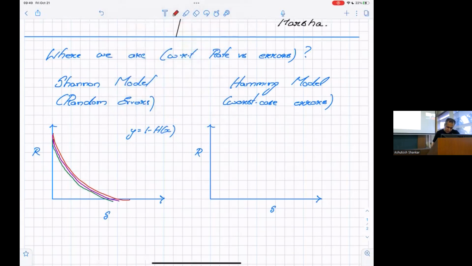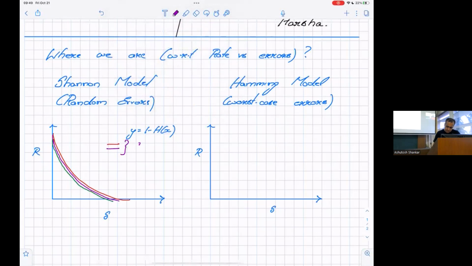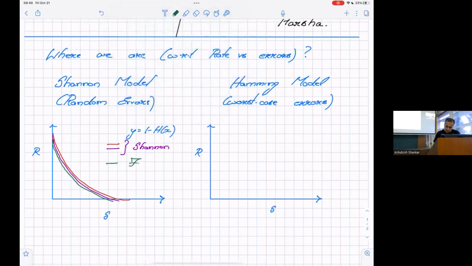So I would say the red and the purple are due to Shannon. Green is Forney.